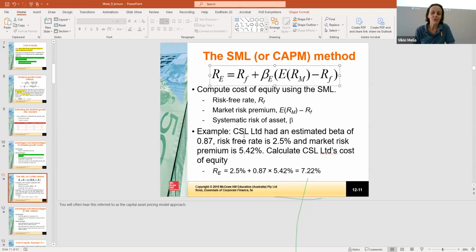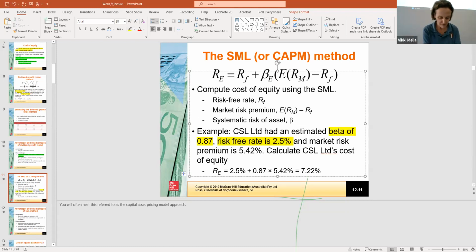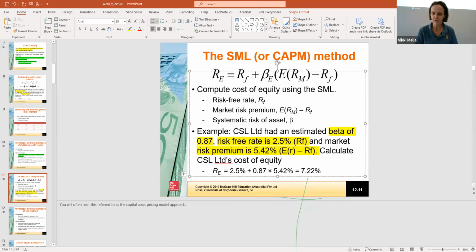So there's an example here that says CSL had a beta of 0.87. So we've got beta. The risk-free rate, so RF, is 2.5%. And the market risk premium is 5.42%. So that's our expected return on the market minus the risk-free rate.